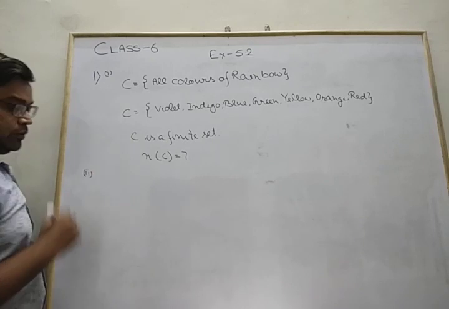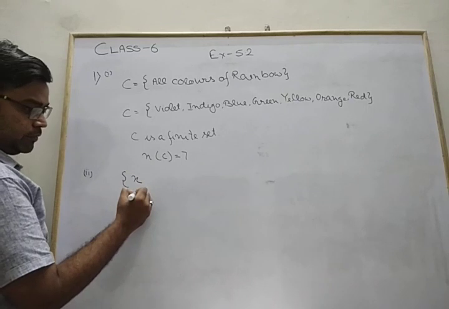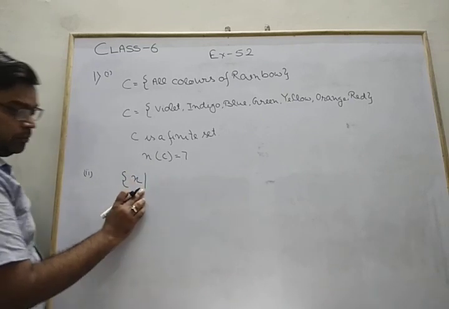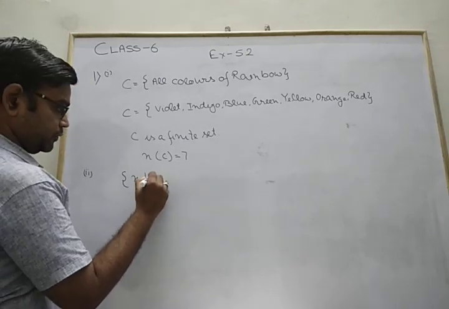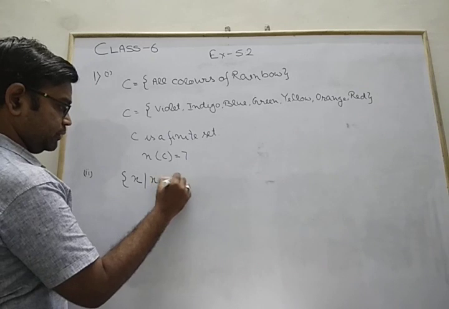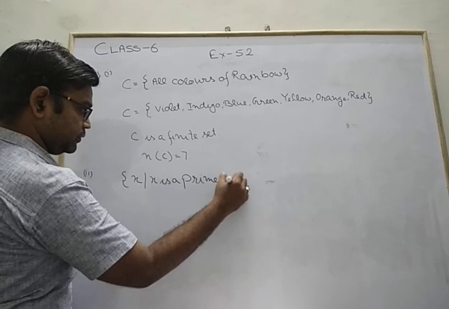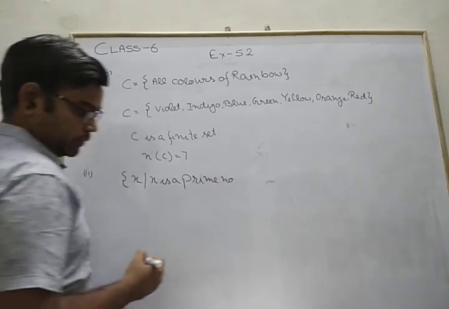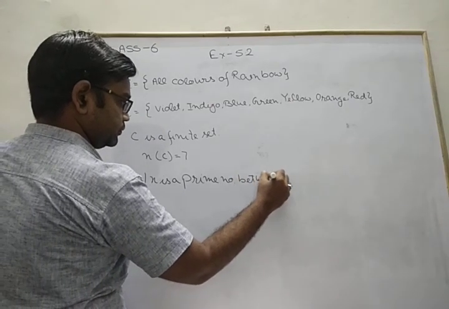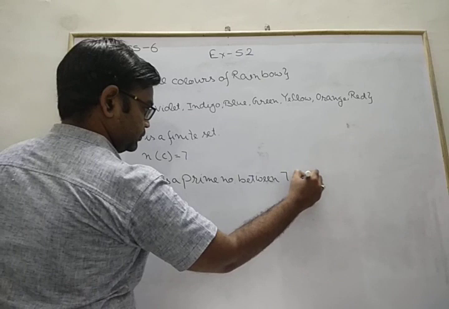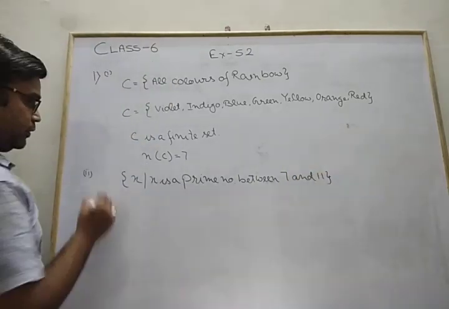Now check the second question. Second part. It says: the set of X such that, this time we are using a bar in place of the colon, X is a prime number between 7 and 11. So give the name.